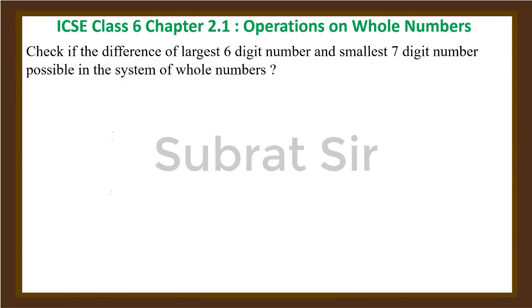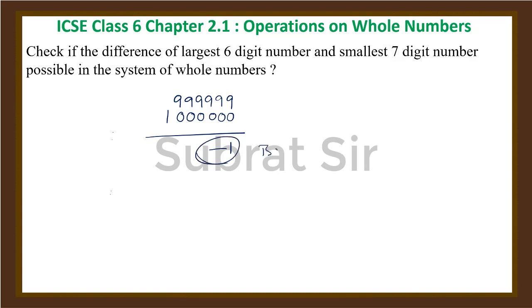Then check the difference of the largest 6-digit number, which means all digits will be 9, six nines, and the smallest 7-digit number possible in the system of whole numbers. The smallest 7-digit number means 1 and 6 zeros. If we subtract this, we will get -1. It is asking, is it possible in the whole number system?